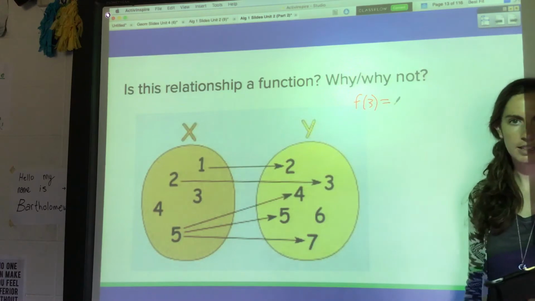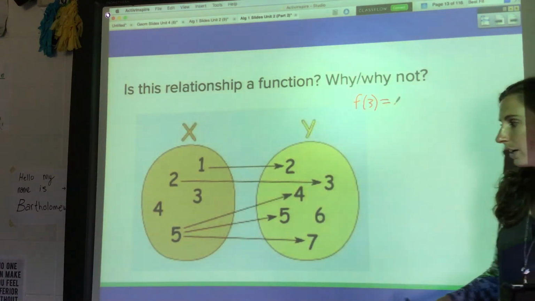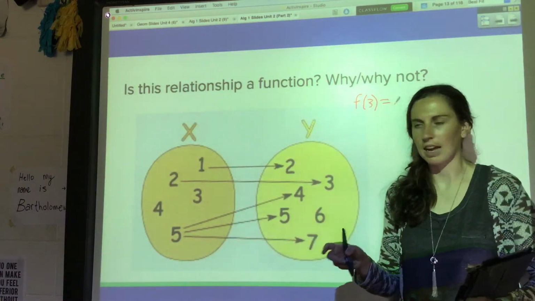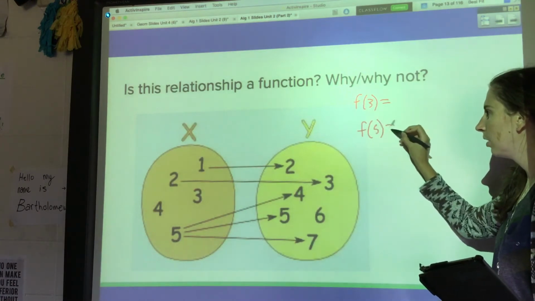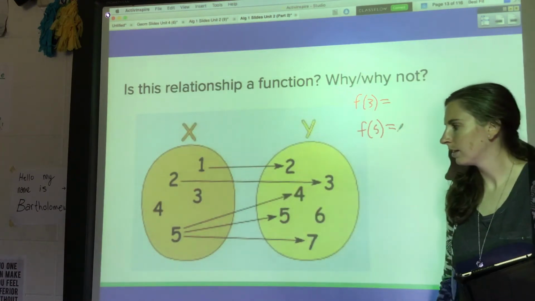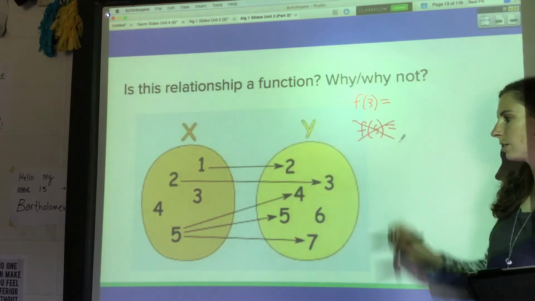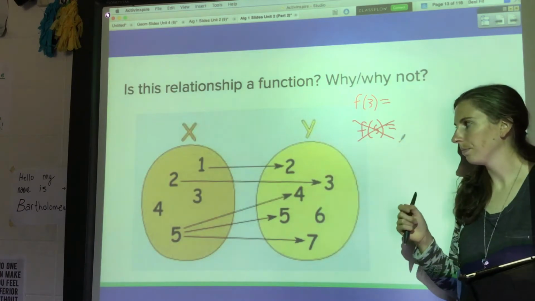What do I say that it is? It's nothing. The other problem here is that 5 has multiple partners, and that's not allowed. It has multiple outputs. If I try to do f of 5, what am I supposed to say? 4, 5, or 7? That's why that's not allowed. It's because I want to have one definitive output.